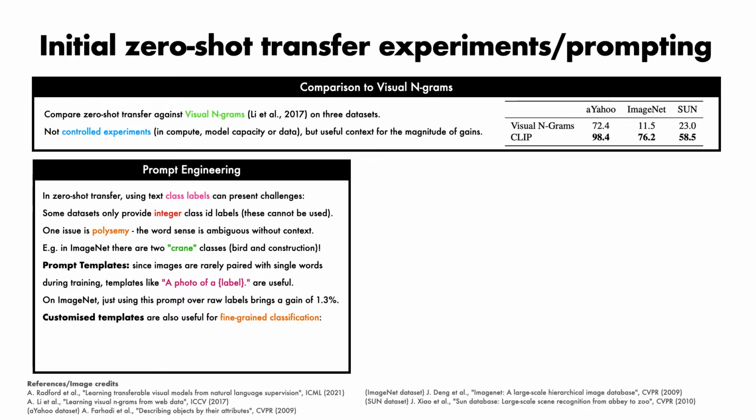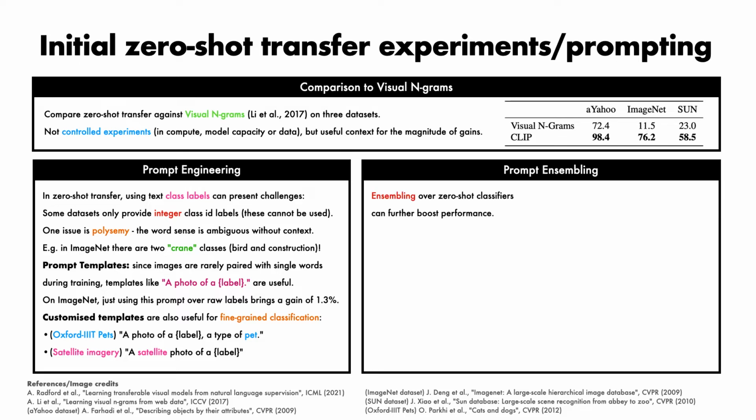For instance, on Oxford IIIT pets, a good prompt was "a photo of a label, a type of pet", while on satellite imagery, "a satellite photo of a label" worked well. A related technique that was found to further boost performance was prompt ensembling. For instance, we can average predictions made with the prompt template "a photo of a big label" and "a photo of a small label".